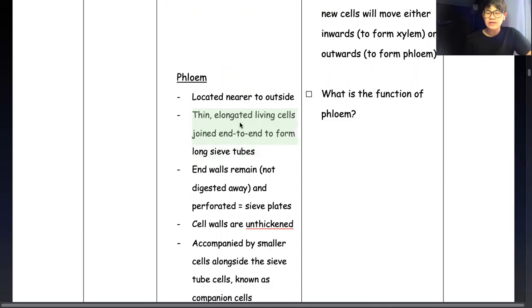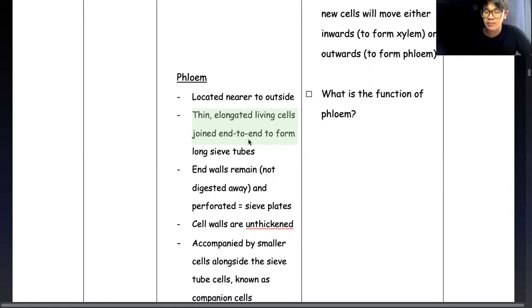Okay, so this one, sama juga. There are elongated living cells joined end to end. So macam straw, tapi tengah-tengahnya ia ada penapis. So macam ada straw panjang, tapi in between ada penapis.